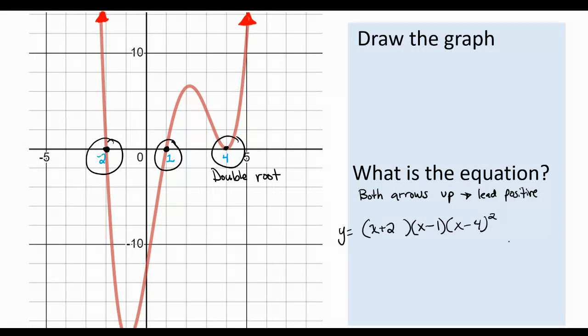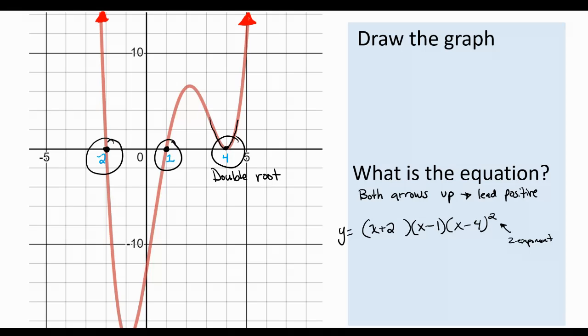Okay, so you have to put that little square. And it's because the graph comes down, hits, and goes back up. That's why you put that little 2 exponent there. Okay, that's a double root. The other ones are single roots because the graph goes through the x-axis.